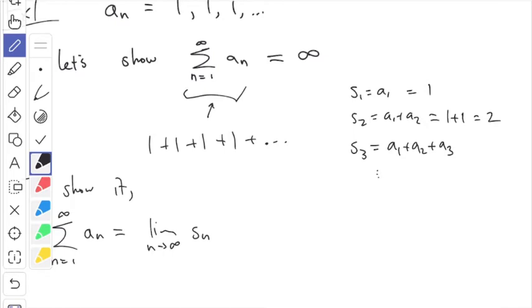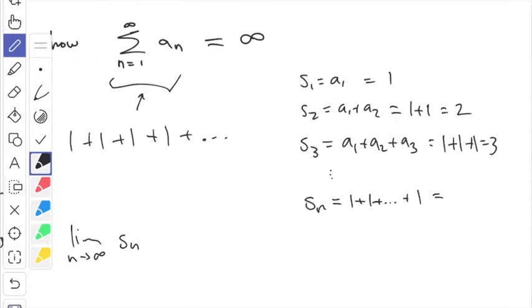A1 plus A2 plus A3 is 1 plus 1 plus 1, which is 3, and so on. Can anybody say, in general, a formula for Sn, the nth term of the sequence? It's going to be 1 plus 1, etc. What's it going to equal? Can you see the pattern?